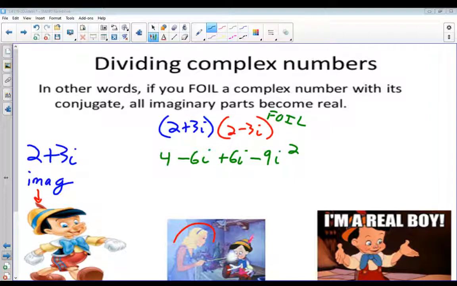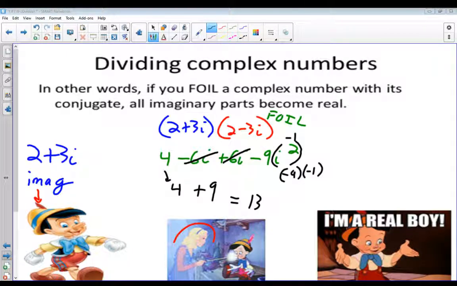And just like before, let's combine the like terms. 4 can't combine yet. The 6i and the negative 6i cancel. The i squared becomes negative 1, so negative 9 times negative 1 gives you positive 9. And then 4 plus 9 gives you your final answer of 13. And just like that, look at that. 13 is a real number. It's no longer imaginary. I'm a real boy.